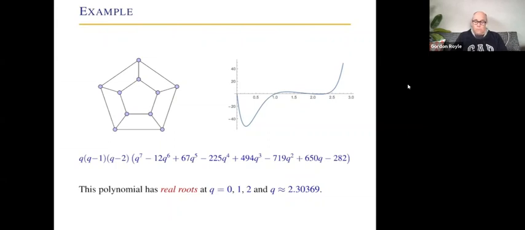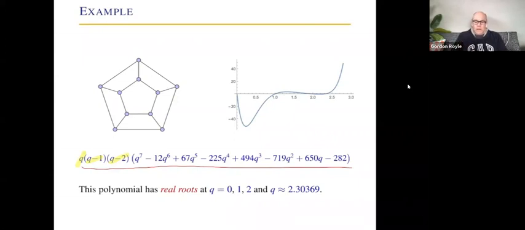Basically, all we really need for the rest of this talk is that for each graph, there is such a polynomial. And it's just some ugly looking expression. The fact that it's got factors of q minus 1 and q minus 2 is because this graph has no 1 colorings, and it's not bipartite, so it's got no 2 colorings, and it has no 0 colorings, of course.